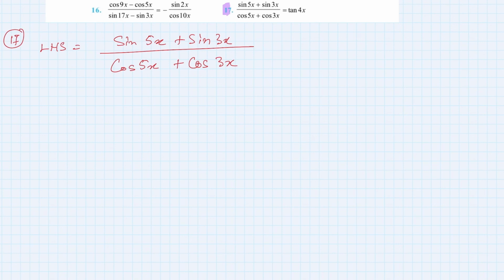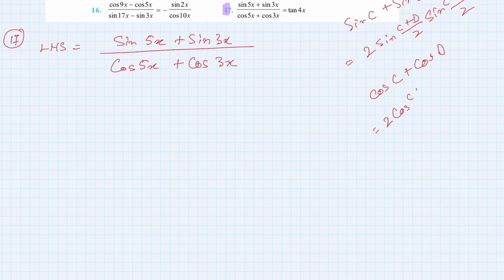Here again we are going to use the sin c plus sin d formula, that's equal to 2 sin (c plus d) by 2 cos (c minus d) by 2, and in the denominator we are going to use the cos c plus cos d formula, that's equal to 2 cos (c plus d) by 2 cos (c minus d) by 2. We are going to use these two.